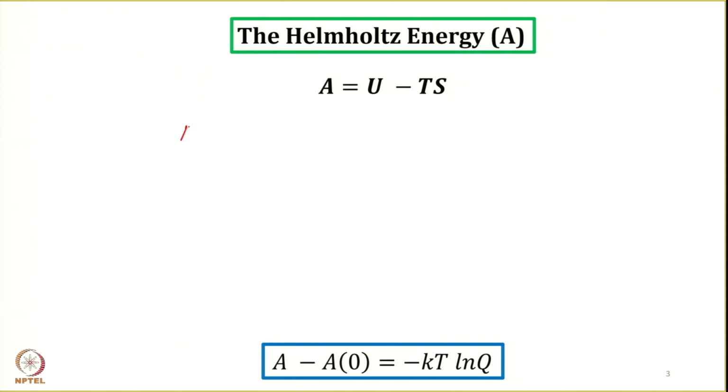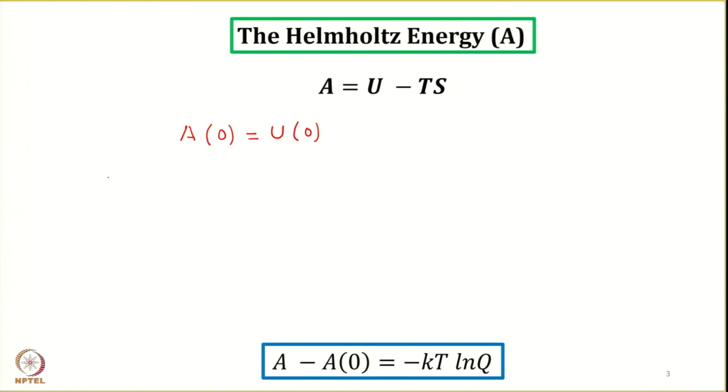Can I write A at absolute zero is equal to U at absolute zero, because when T is equal to 0, A is equal to U. Therefore, A0 is equal to U0.